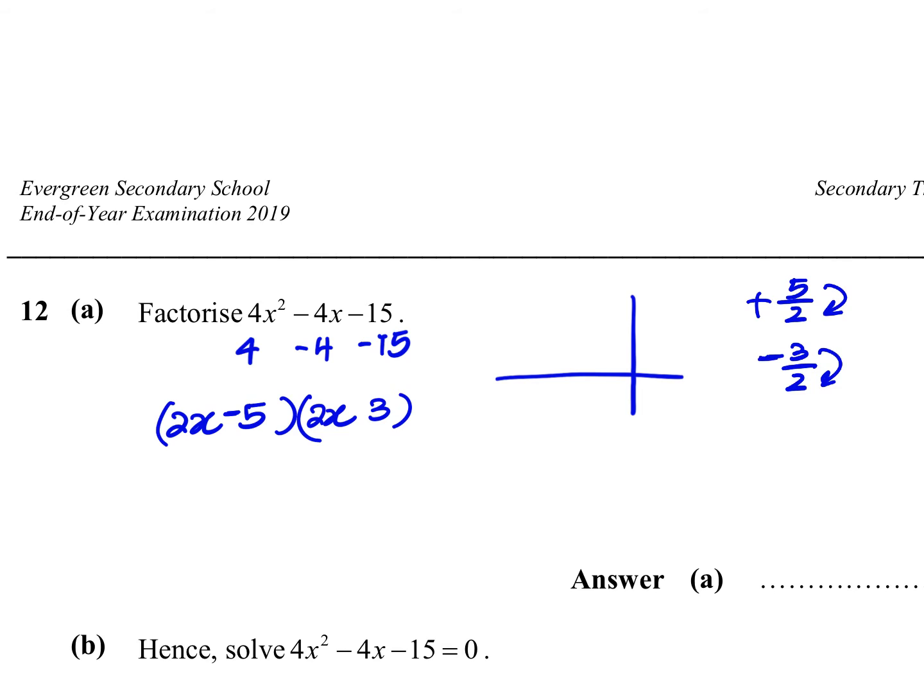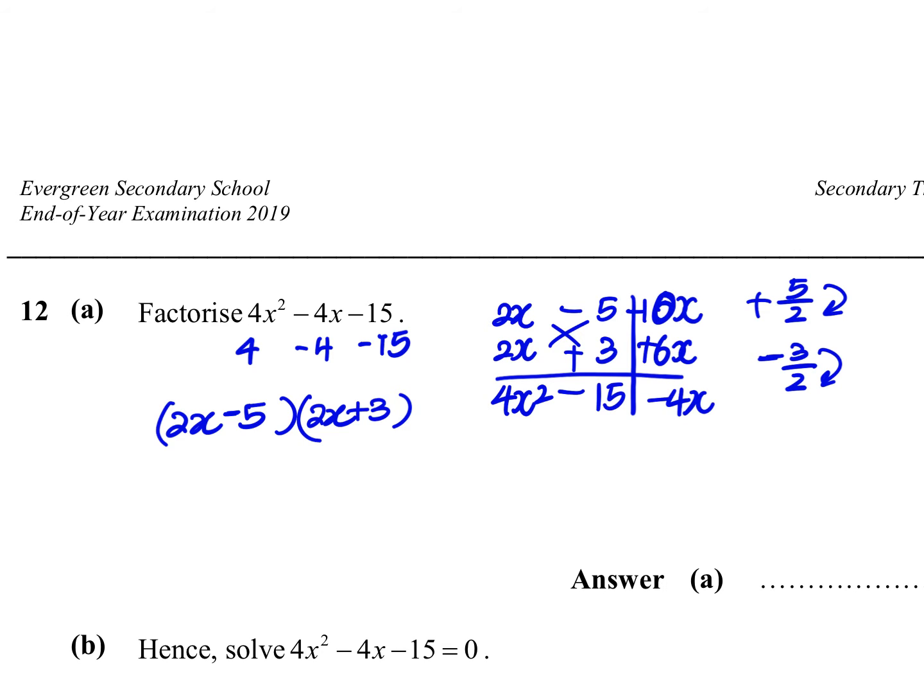This one is negative, so here positive. If not, then let's try: 2x times 2x is 4x squared. 5 with 3 is 15. 10x, 6x, negative 4x, so negative. Okay, so this one will be the answer.